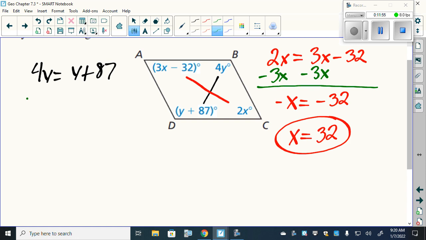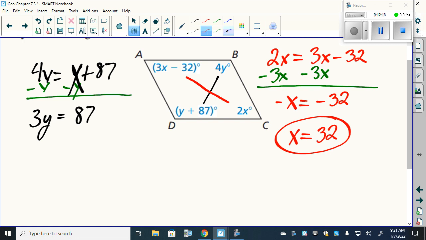So what do we need to do over here to find the value of y? Minus y. Because unfortunately we don't have any like terms on both sides because of the equal sign in the middle. So we'll have to subtract y from both sides. 4y minus y is 3y. Y minus y is 0, leaving us with 87.